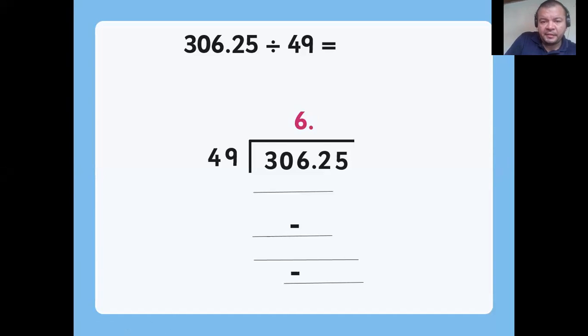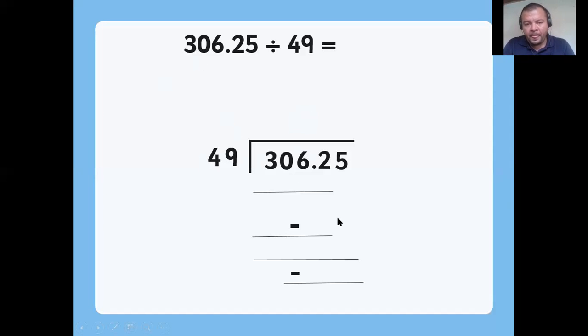In this case, I took the first 3 numbers. Why? Because 3 is less than 49, 30 is less than 49, so 306 is bigger than 49.